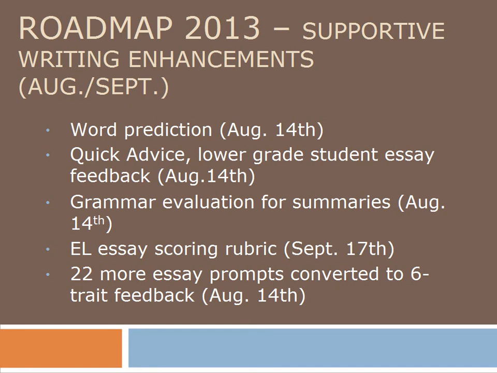Okay, so next we'll talk about our roadmap for 2013 and what we've done. You're new to the program, but you should know some of the newer things we added, like the order prediction, that went in on the 14th. We added an even lower level of essay advice, so now we've got 3 levels: high, medium, and low.